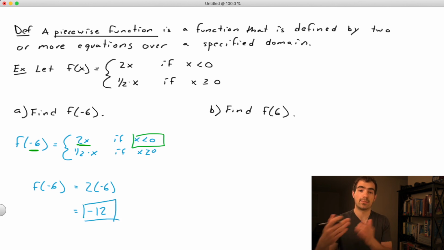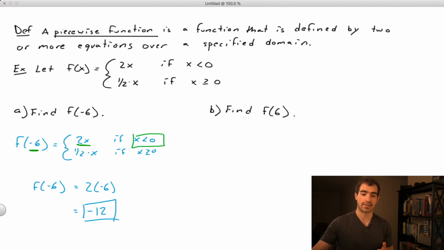In other words, the input of -6 is evaluated on this top portion because it fits into that domain, and then gives an output of 2 times that input, which is 2 times -6, or -12. The input of -6 gives the output of -12, and we use that specific piece, the 2x, that's defining our function over that portion of the domain.